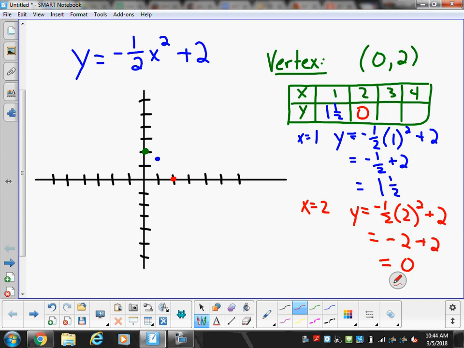So we'll move to when x is 3. When x is 3, then y is equal to negative 1/2 times 3 squared plus 2. These numbers get a little bit bigger, so I'm going to do it step by step here. So 3 squared is 9.